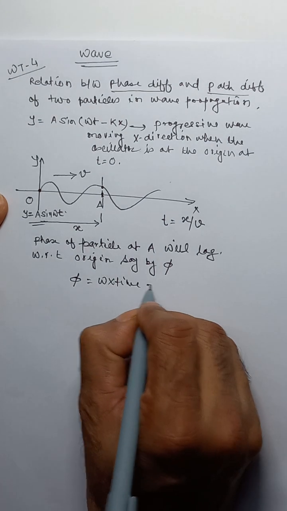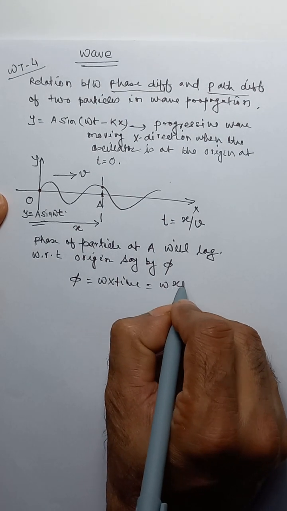Time is t, so we can write omega times x by v.